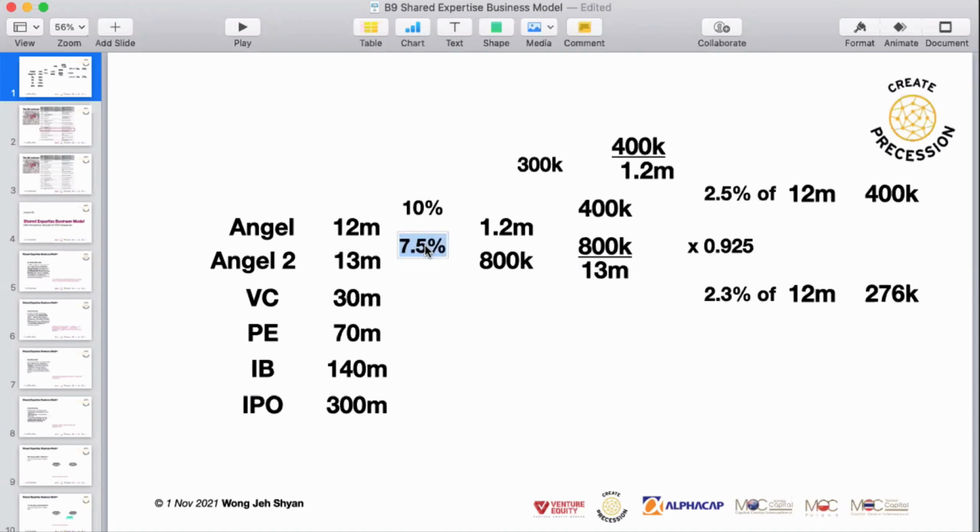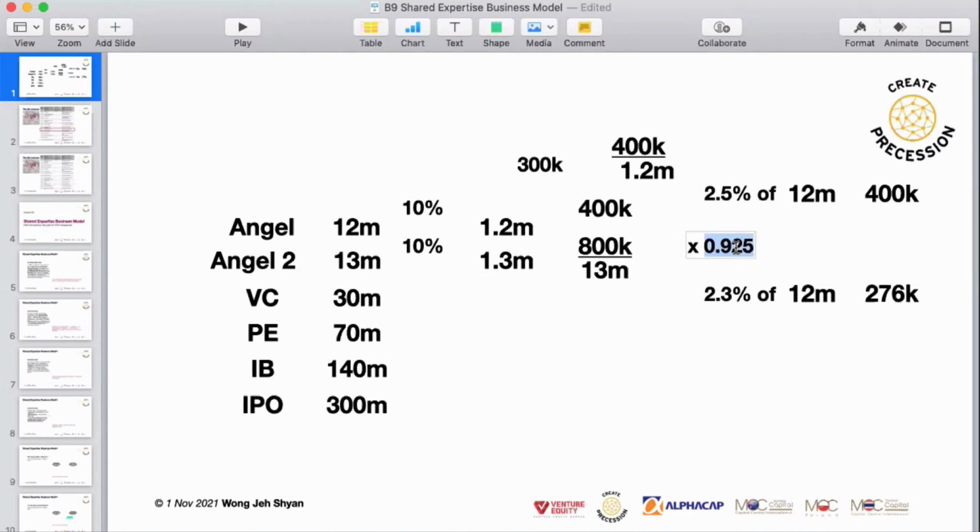No, let's say I don't want to do 7.5%. Let's say I do 10%. I raise 1.3 million, am I right? So you think it's okay? 12 million becomes 13 million.